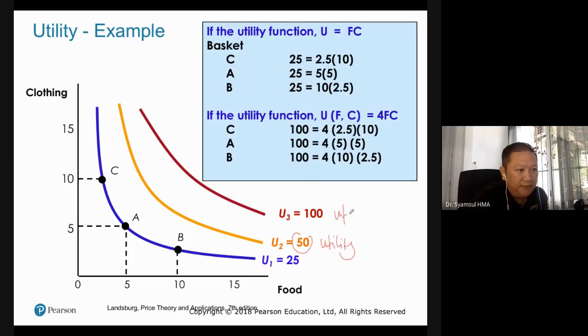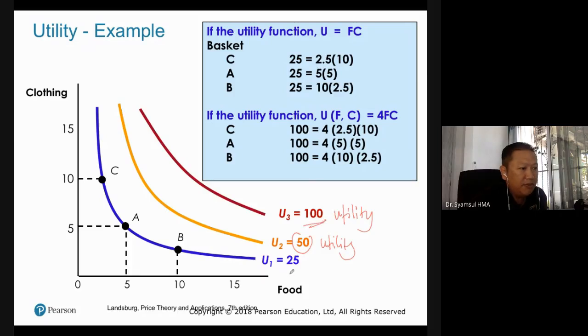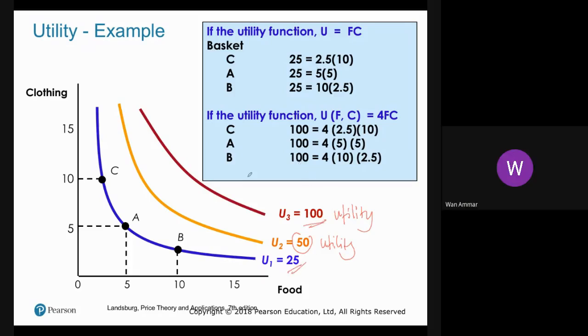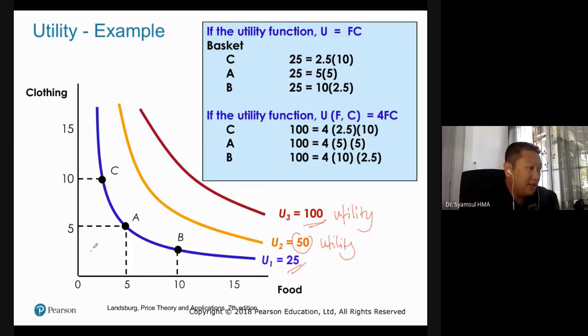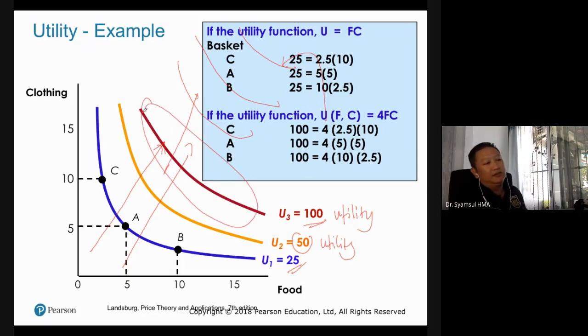Here you have 100 utility. So which one do you prefer then? 100. Of course, the assumption is that the higher, the more people will prefer. So that's the assumption of consumer preferences, so they prefer this one.